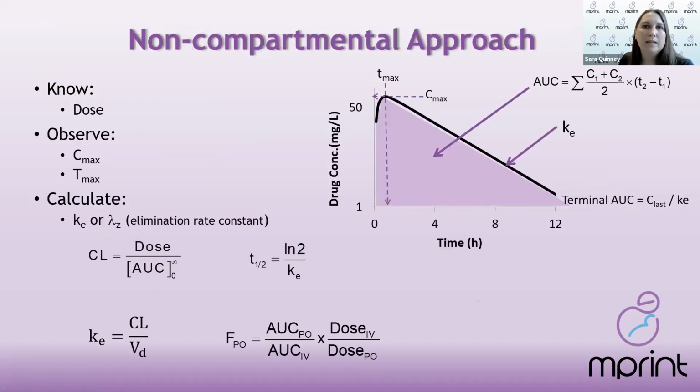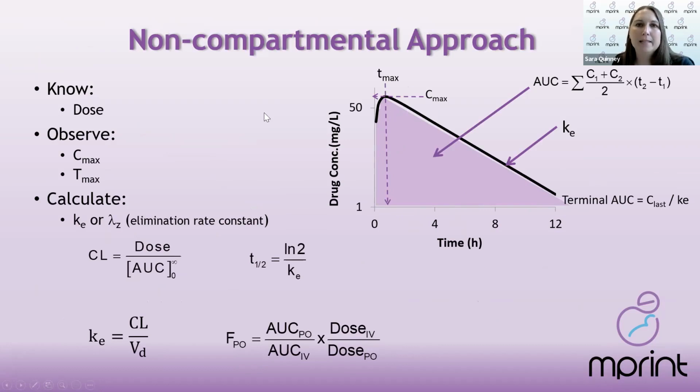So going a little more into detail on these approaches, in the non-compartmental approach, you will plot your data and connect the curve. This is just showing a general concept of a concentration-time profile.